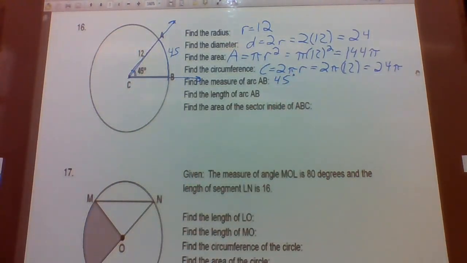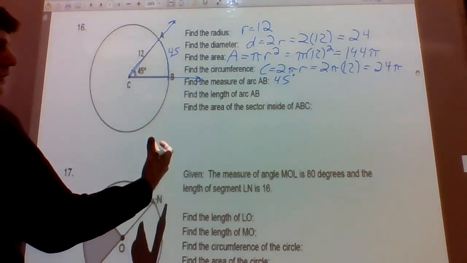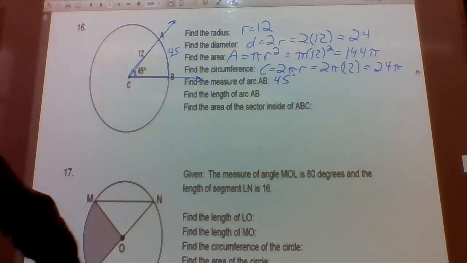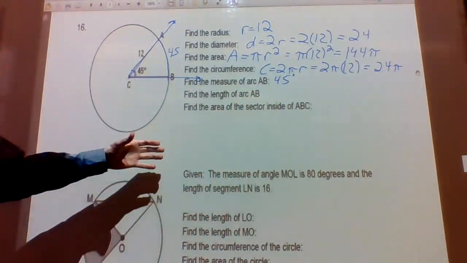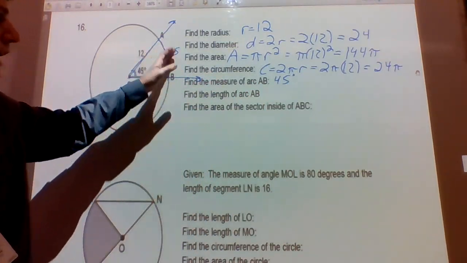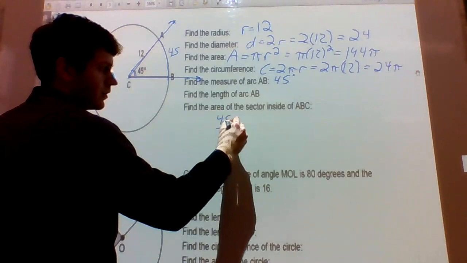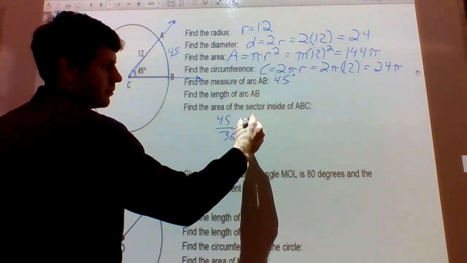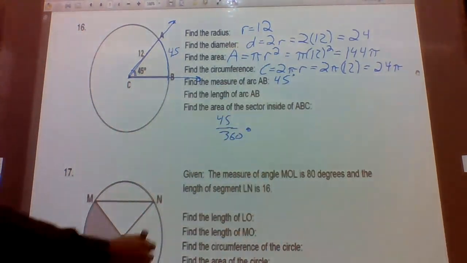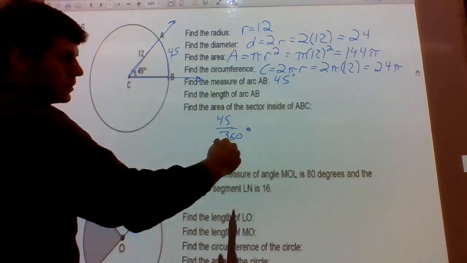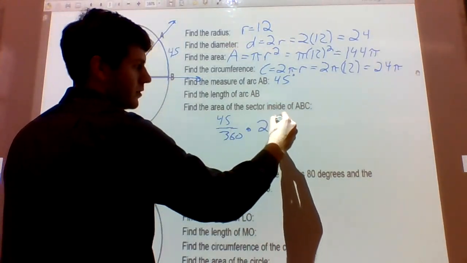Find the length of arc AB. To find the length of arc AB, we're going to have to take our angle measure to find what portion of the circle it is. So we have 45 degrees out of 360. Then we need to multiply by the entire circumference, which is 2 pi r.